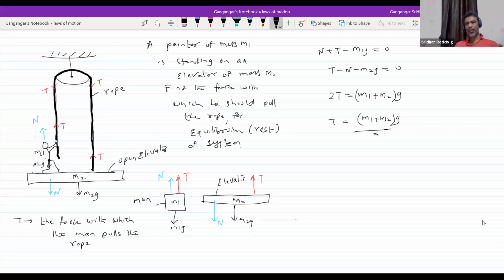Substitute the value of T there, you'll get the value of N. Suppose a weighing scale is there, then N will be the reading of the weighing scale. If some massless weighing scale is kept on the elevator on which the person is standing and pulling the rope, then N will be the reading of the weighing scale.